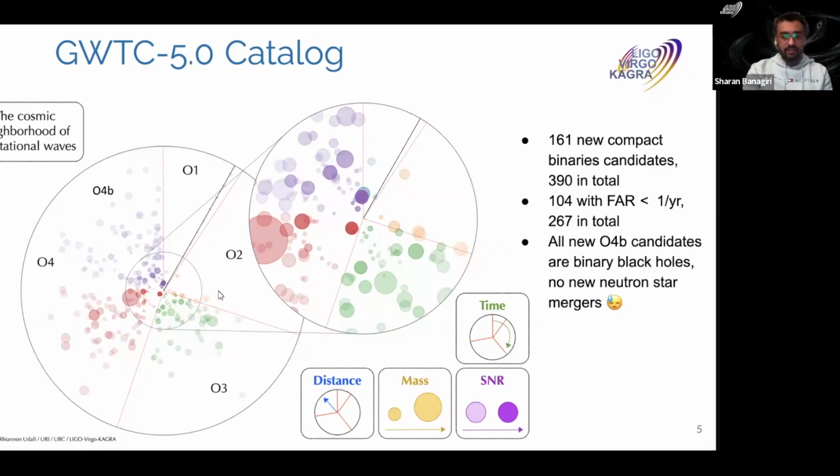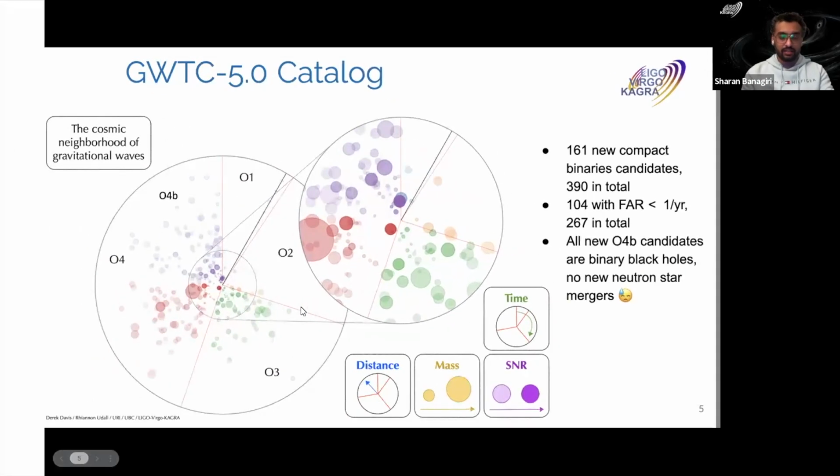In this infographic, each of these smaller circles represents a detection. The distance from the center of the big circle represents the distance of the gravitational wave candidate itself. The mass of the gravitational wave candidate is represented by the size of the circle, and the opacity represents the signal to noise ratio, or how loud the detection was.